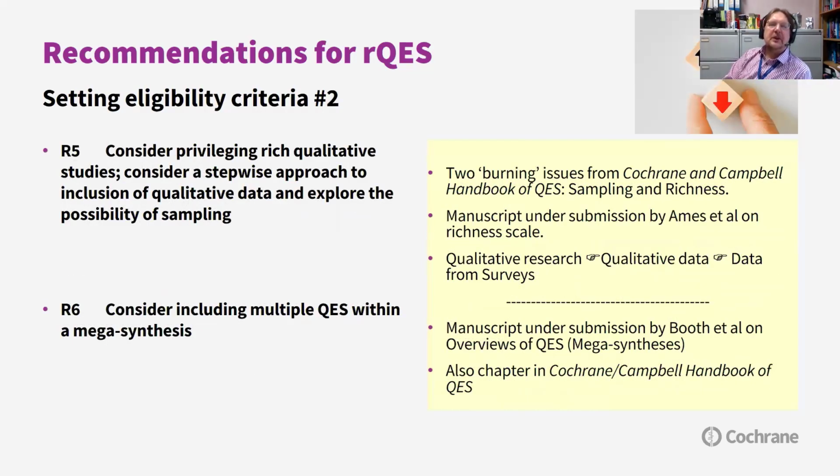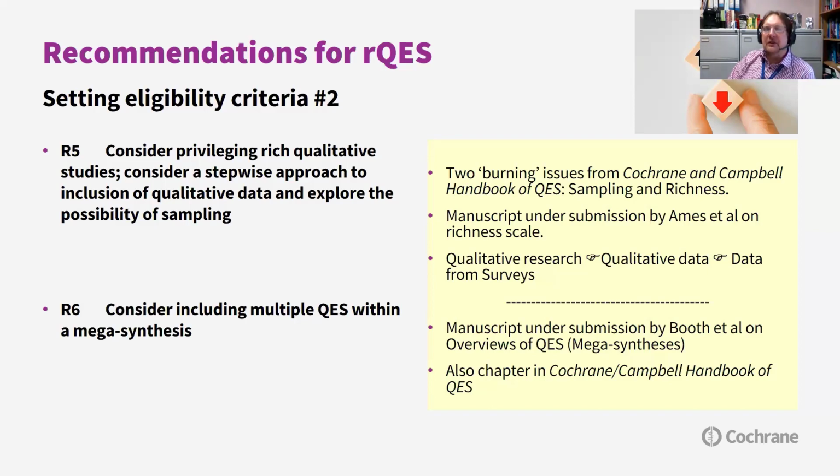Moving on, still within the context of setting eligibility criteria, if we're faced with hard choices, then we may want to privilege richer qualitative accounts. And in that connection, the Cochrane and Campbell Handbook of QES will be notable by being the first detailed guidance on issues of sampling and richness.